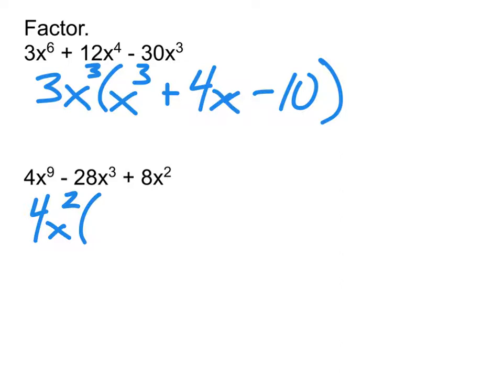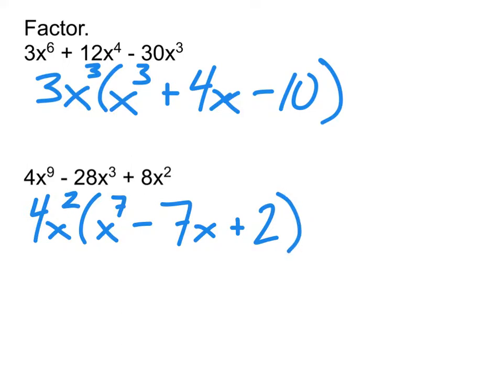So the 4 divided by 4 cancels out. x to the 9th divided by x squared gives me x to the 7th. Now the minus. 28 divided by 4 is 7. x cubed divided by x squared is x. Plus stays the same. 8 divided by 4 is 2. x squared divided by x squared cancels out. So this is our final answer.